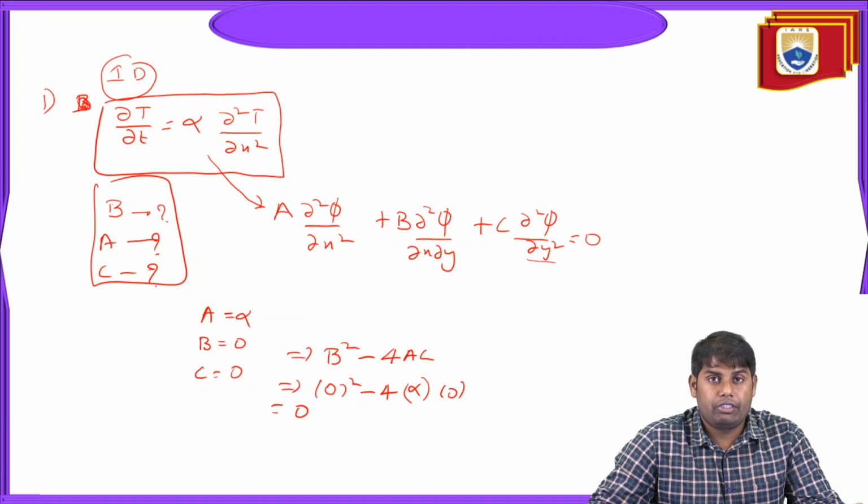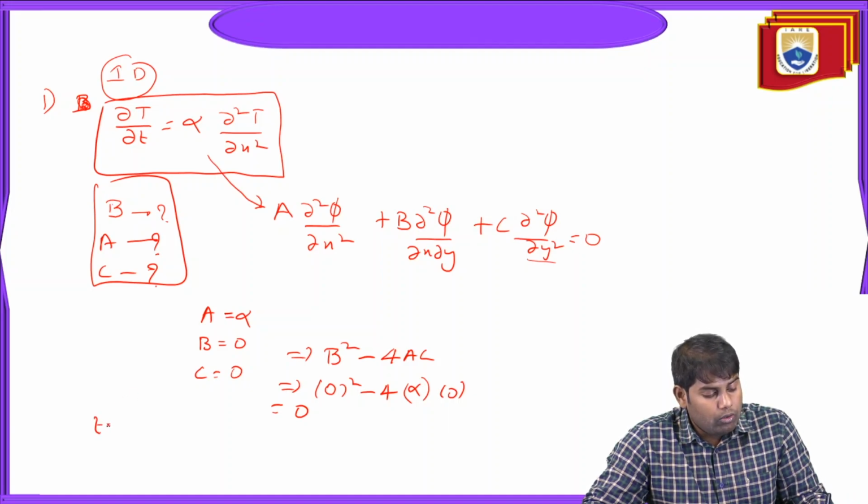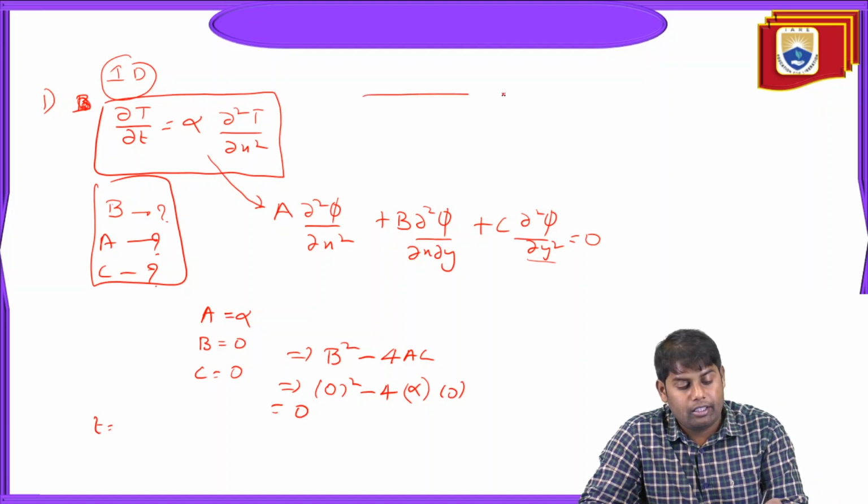In the previous sessions we have seen the significance of the parabolic equation. For the parabolic equation, we require initialization, so it is basically an initial value problem. At time t equal to 0, let us again take the 1D element.